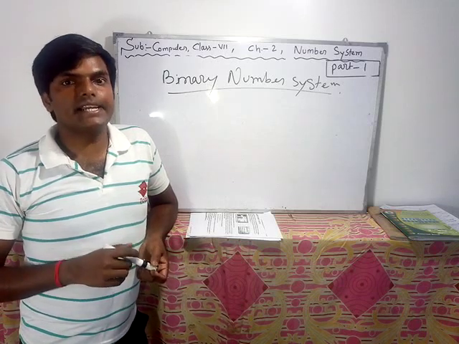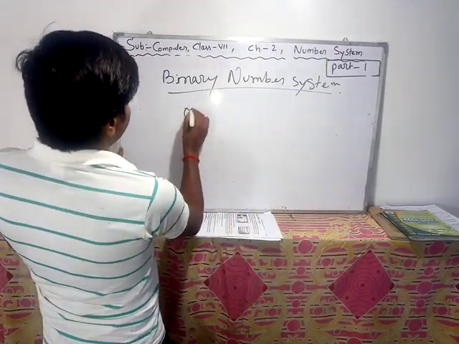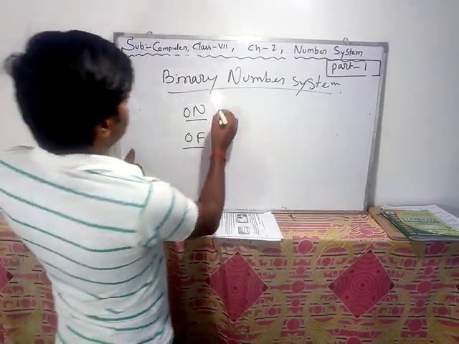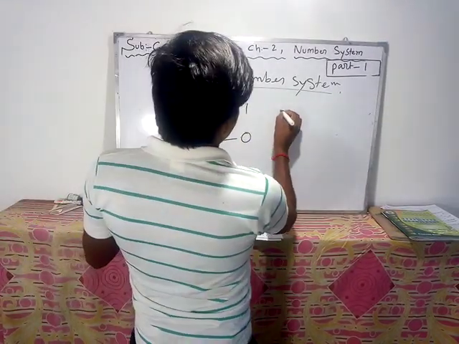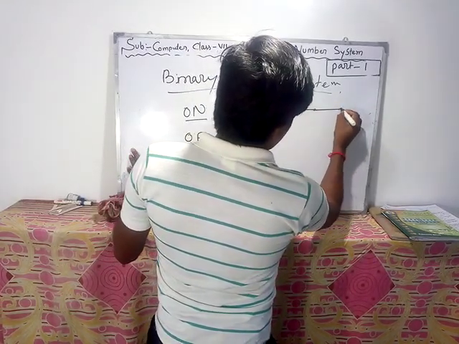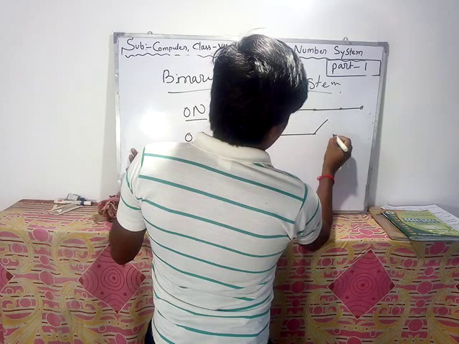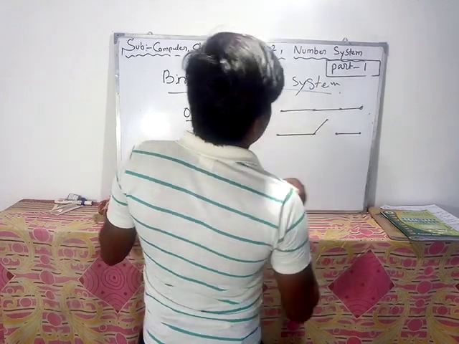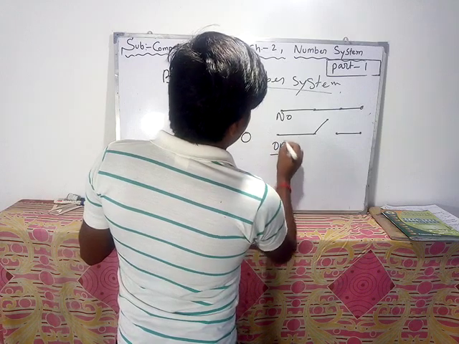This number system is used in digital computers to internally represent data using two states. What is that? On and off. On means 1 and off means 0.